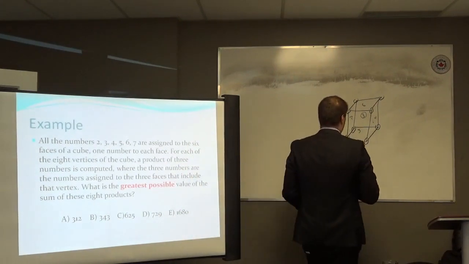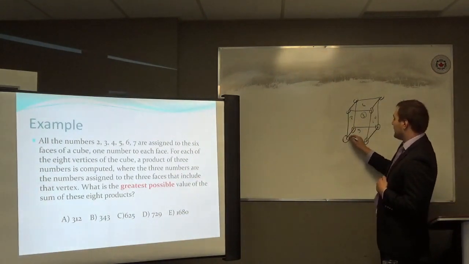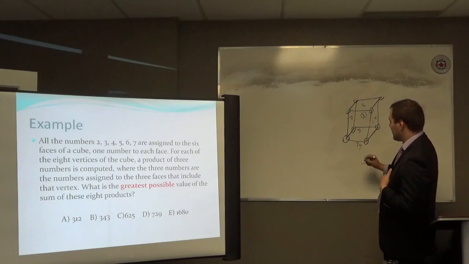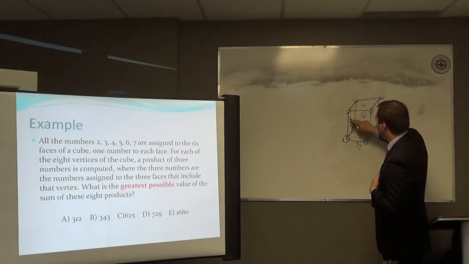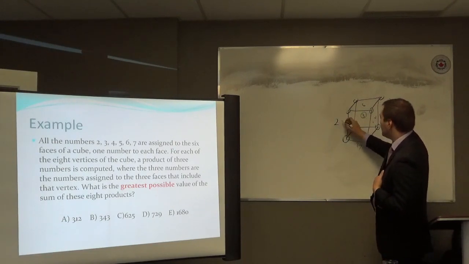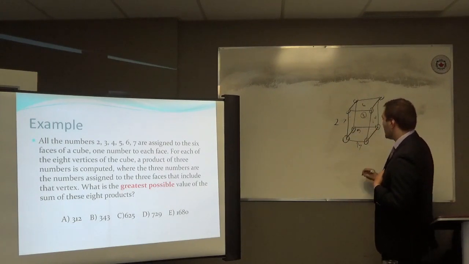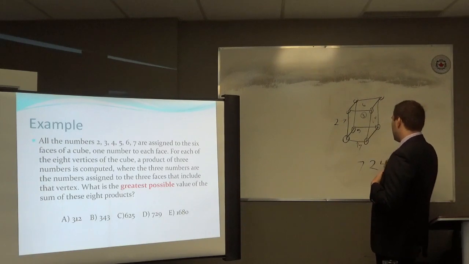So what does that mean? Well, here's a vertex. I know I don't have 3-dimensional drawing techniques here on the whiteboard, but let's say this face is 7, this face is 2, and this face is 5. So we have 7, 2, and 5.